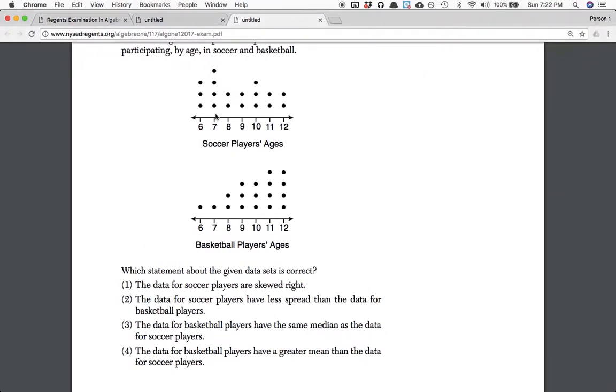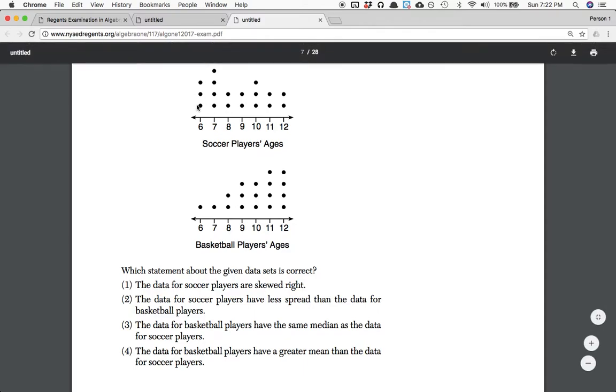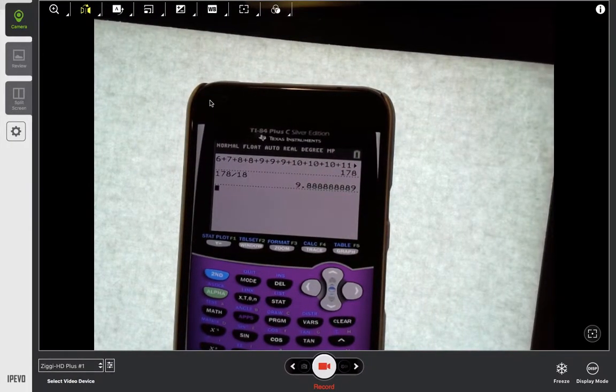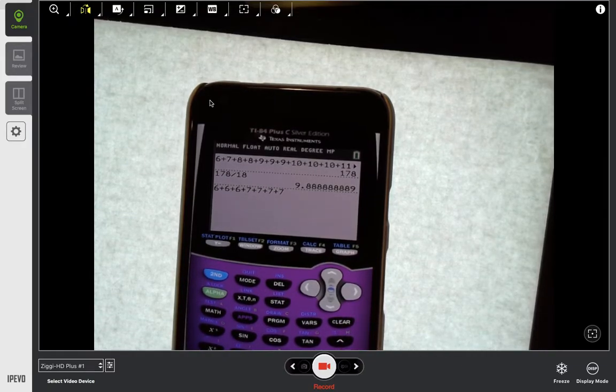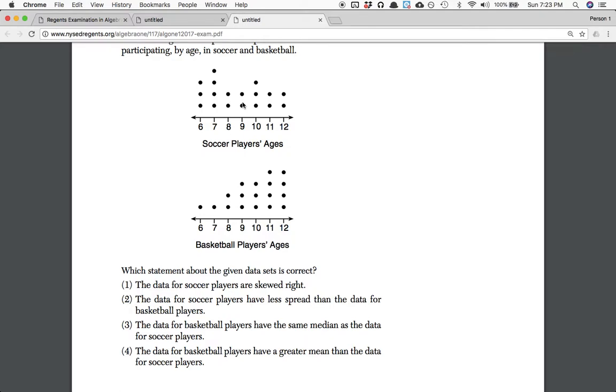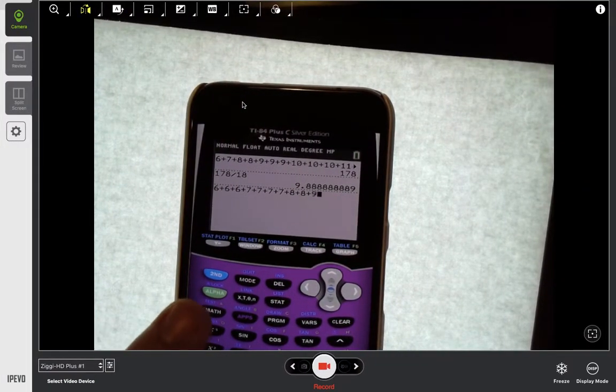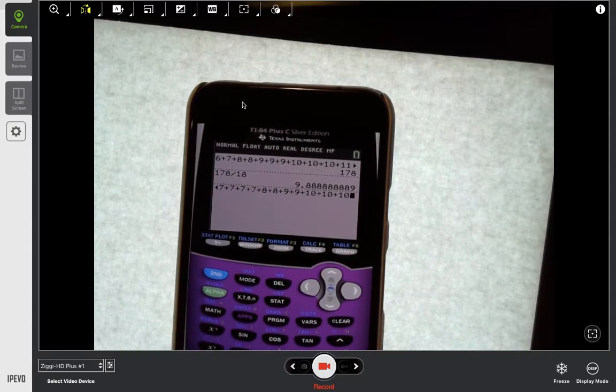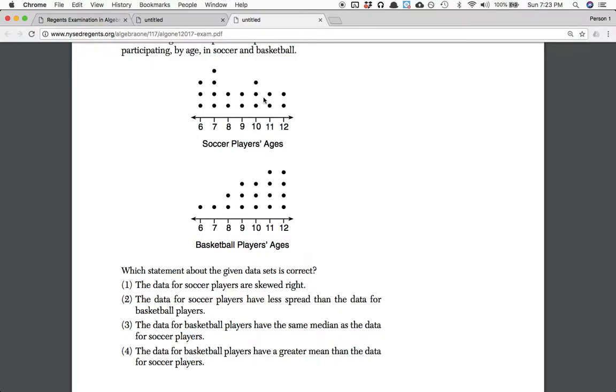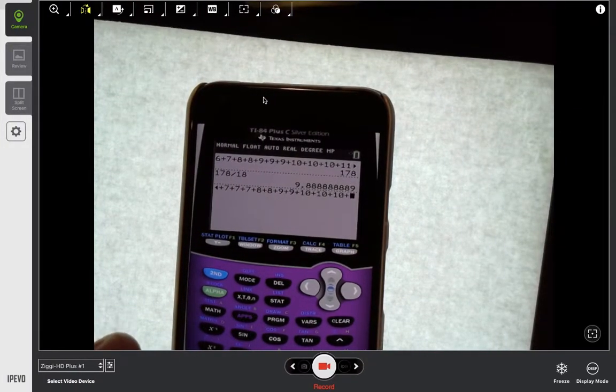And let's just check it for the soccer players. So I'm now going to do 3 6s, 4 7s: 6 plus 6 plus 6 plus 7, 7, 7, 7. Then 2 8s, 2 9s, 3 10s, 2 11s, 2 12s.